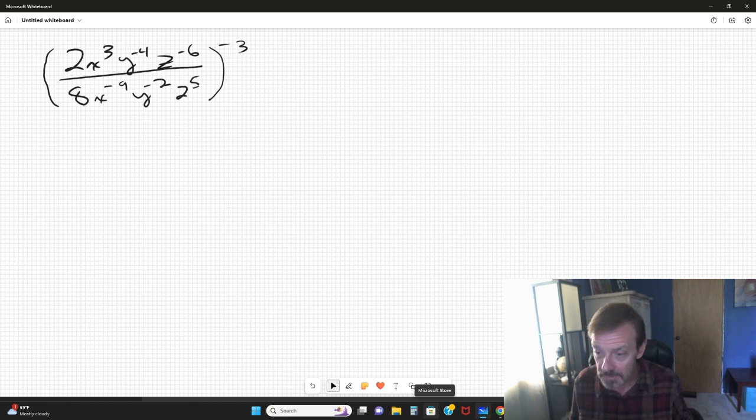So I guess we'll start at the top, and I'm just going to leave the minus 1/3 off to the side for a while and simplify inside of the parentheses first. The first thing, I'm going to turn that 2 to the fifth into a number.